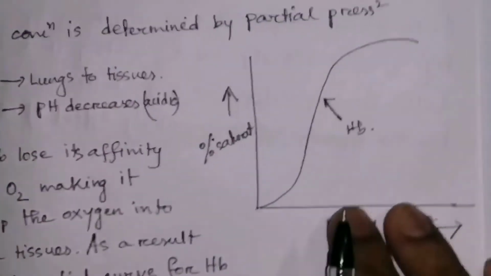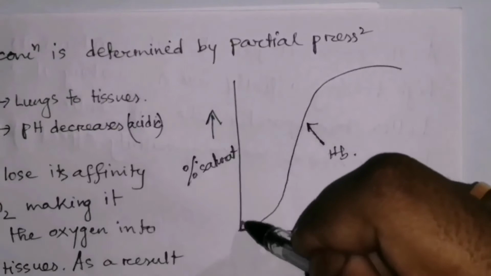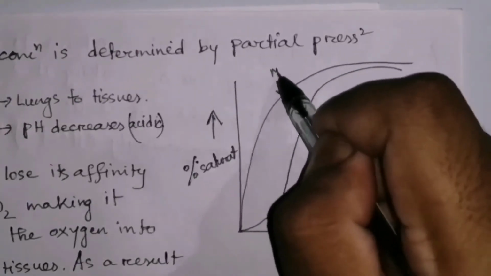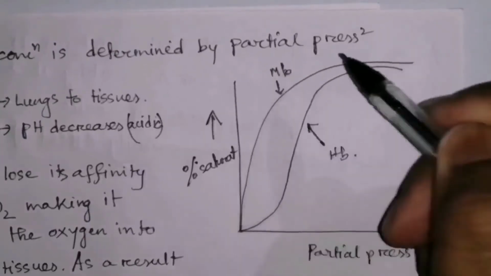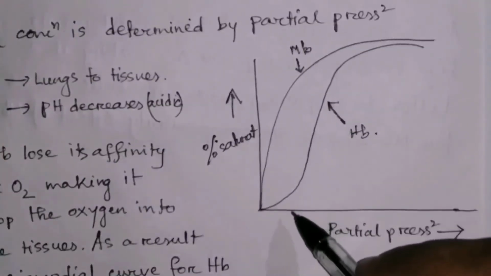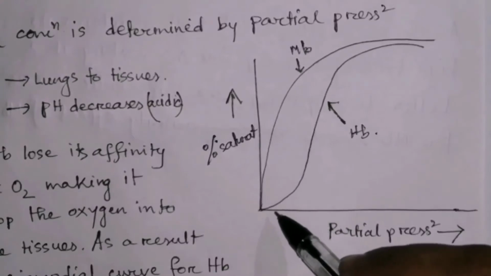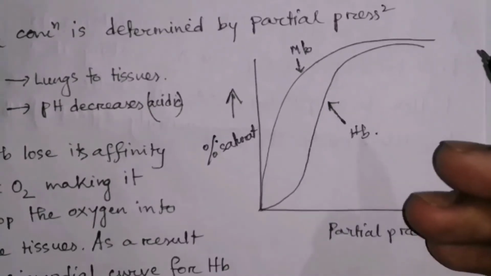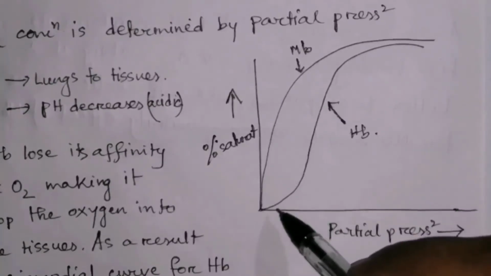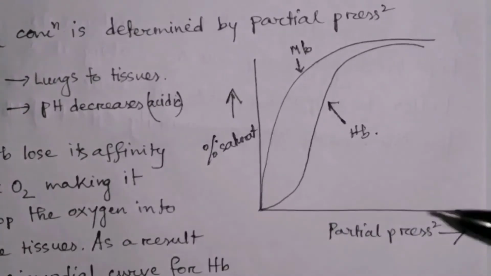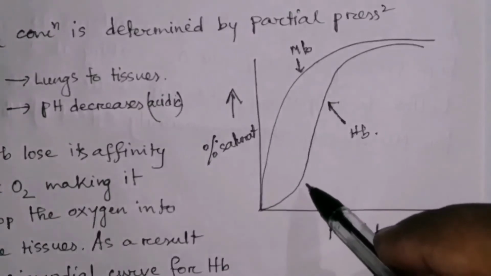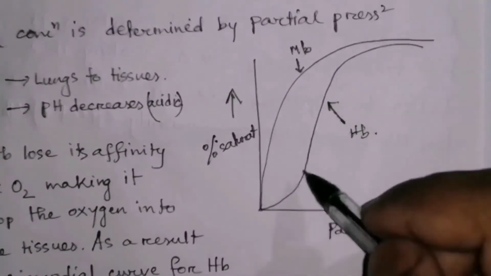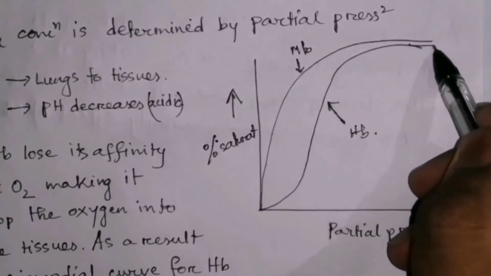So we get a hyperbolic curve for myoglobin. This sigmoidal curve indicates that when hemoglobin binds with the first oxygen molecule, it has low affinity, but as it combines with three other more oxygens, the binding affinity increases.